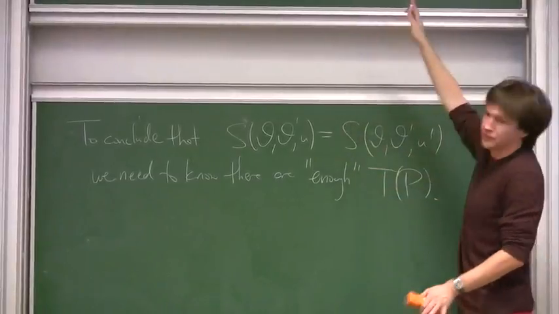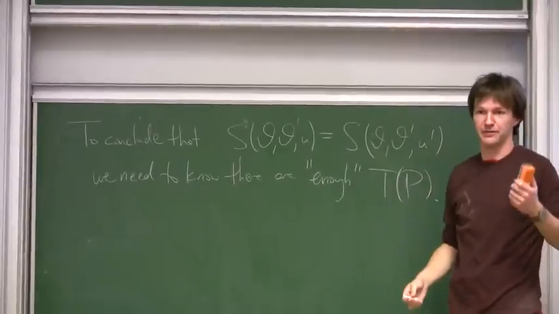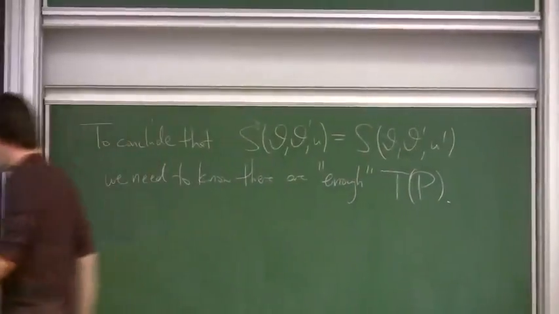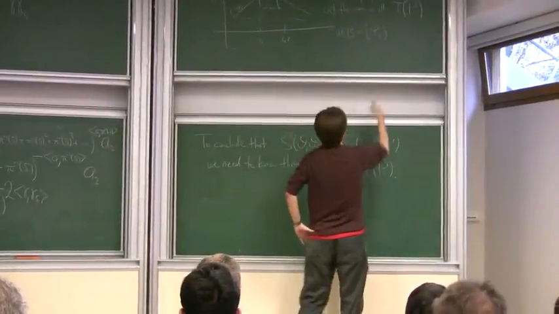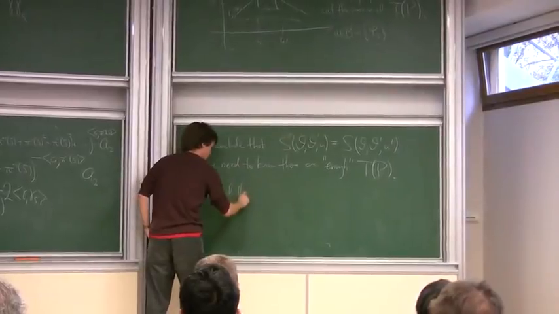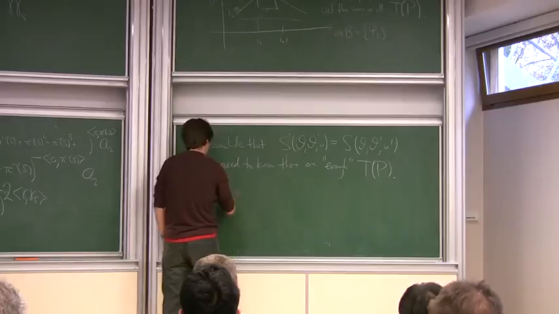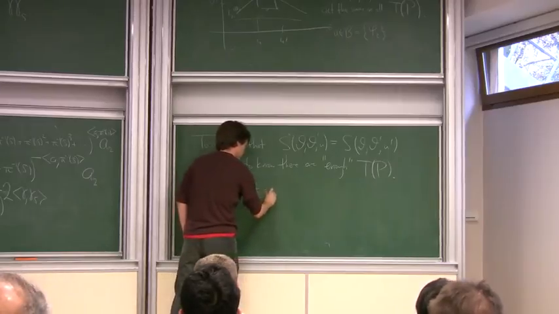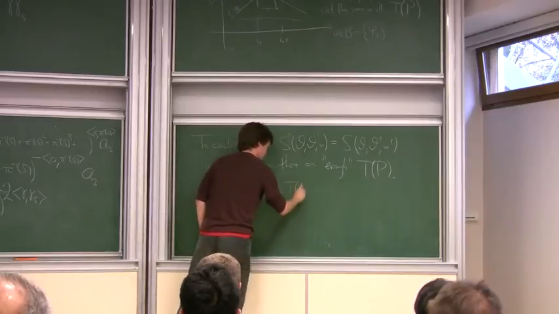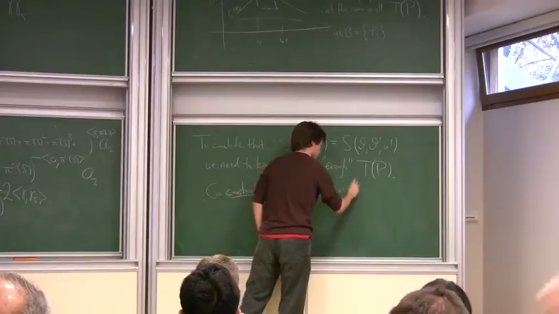So we've come far enough to see that the wall-crossing formula holds at least when it acts on some restricted subset, at least when it acts on the T of P. So you can construct enough T of P using results of Fock and Goncharov.